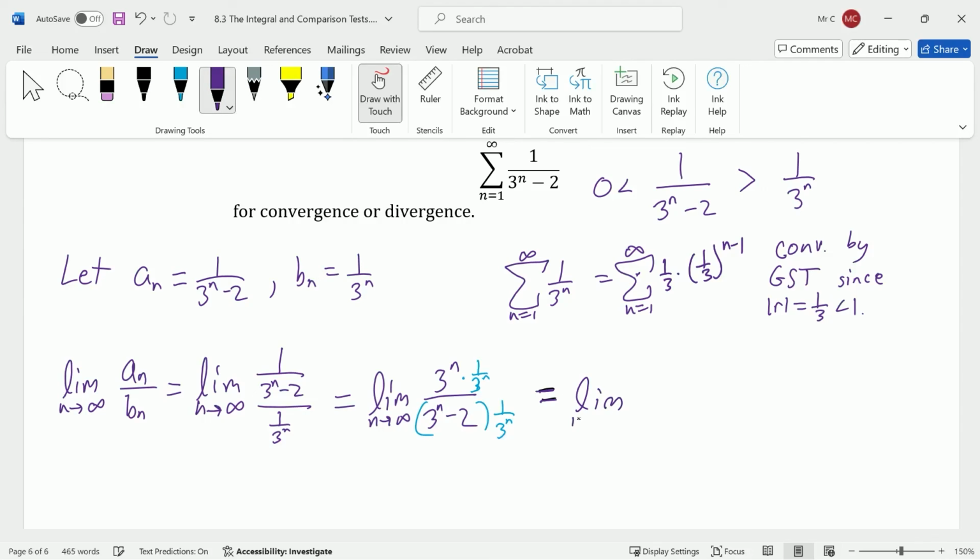So that gives me the limit as n goes to infinity of 1 over 1 minus 2 over 3 to the n. This term here, 2 over 3 to the n, is going to approach 0 as 3 to the n gets bigger. And I get left with 1 over 1, which is 1. And this is positive and finite.